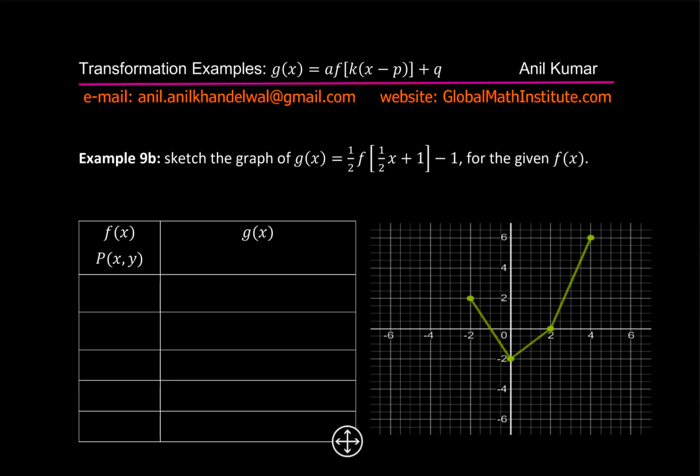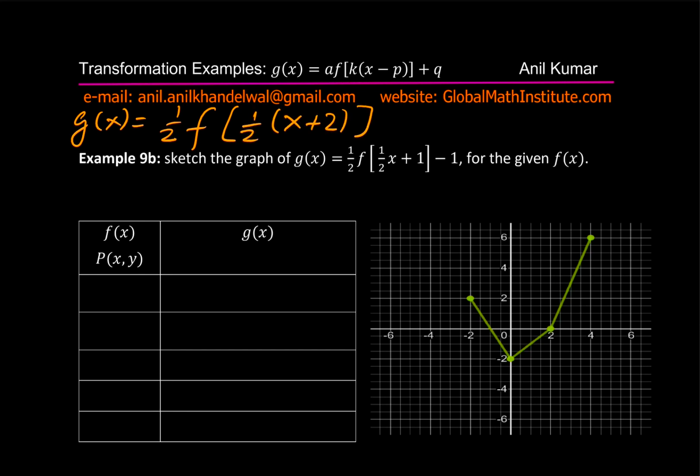We'll rewrite this as g of x equals half of f of, we'll take half common, x plus 2. If you don't do that, you'll make a mistake in horizontal translation. Does that make sense to you? Now, there are too many transformations, so the best way here is to identify the points.